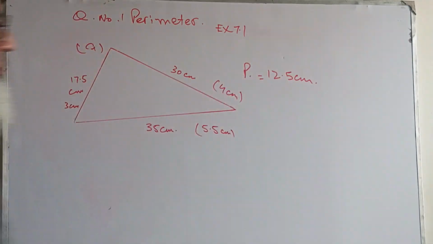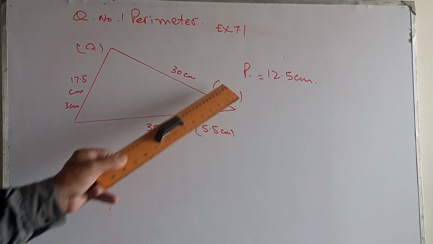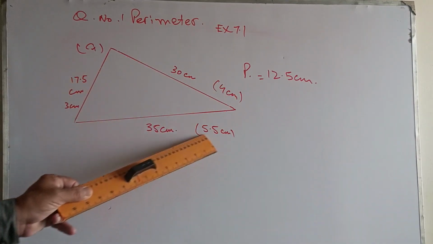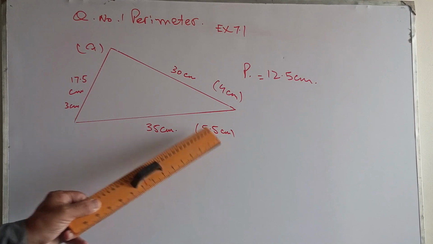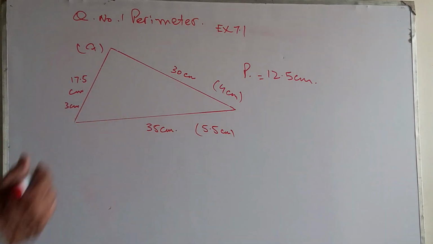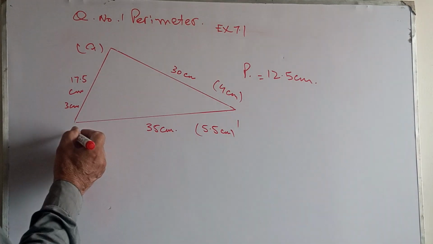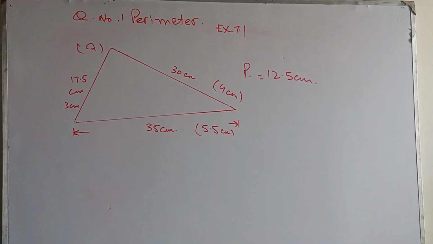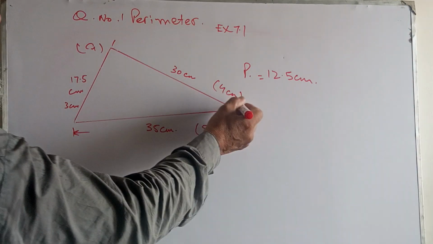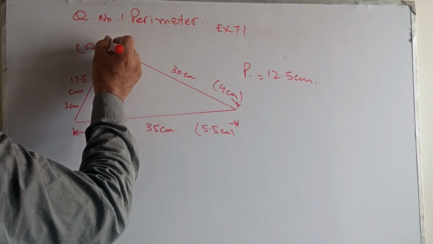P is equal to 12.5 centimeter according to the book. Now these are the measures: 4 centimeters, 5.5 centimeter, 3 centimeter. This is the measure which we have taken, and this is again the measure, and this is again the measure over here.